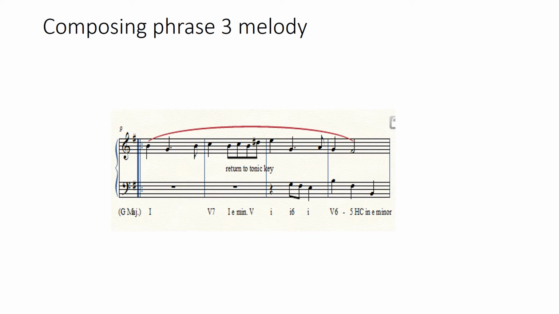Now, normally we wouldn't want that kind of resolution, but we're okay with accenting a count 2 with resolution in a sarabande. So I did go to the 1 chord of G major there, and then at the end of the bar on count 3, I moved to the 5 chord of E minor, and over the bar line we can hear the leading tone, the D sharp, resolving to the E natural.